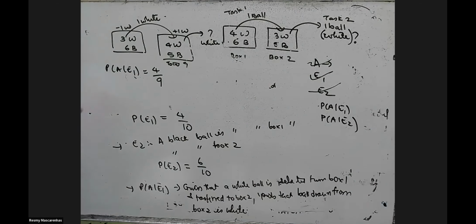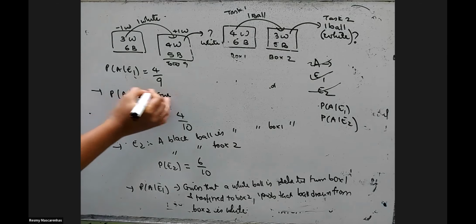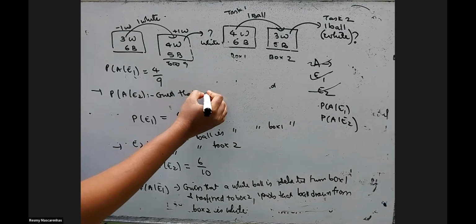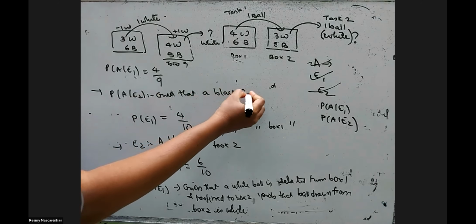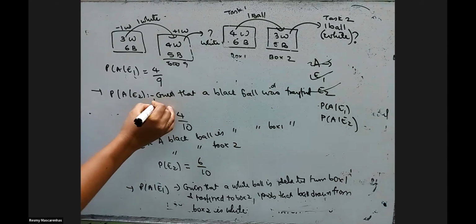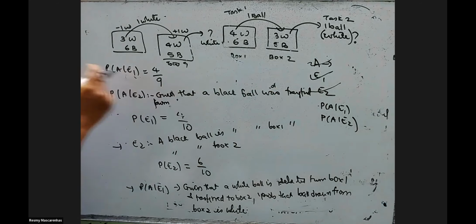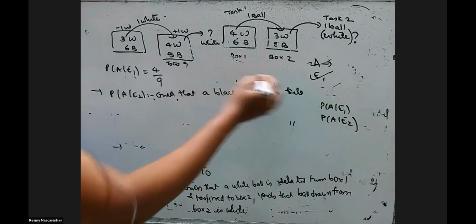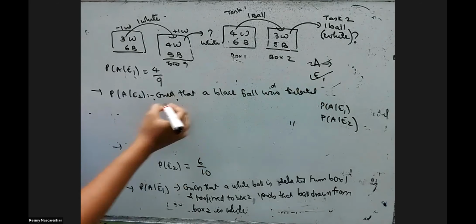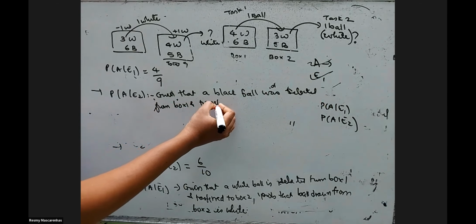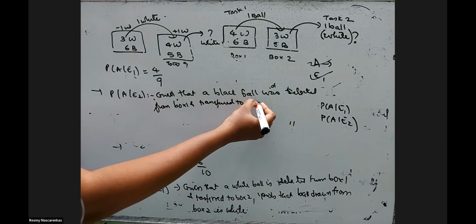The same way now, P of A upon E2. Given that E2 means what? A black ball was selected from box 1 and transferred to box 2.